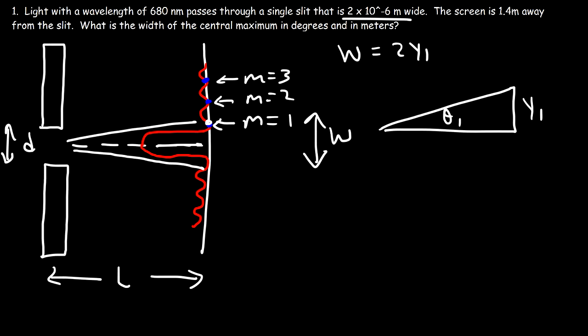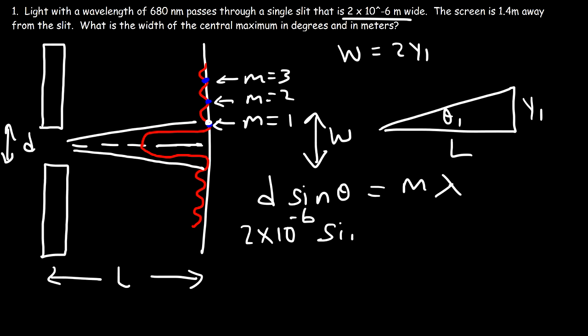So let's focus on finding theta 1, and this is L. So first, let's use this equation: d sine theta is equal to m times lambda. So d is 2 times 10 to the minus 6. m is 1 for the first dark fringe. And lambda is 680 times 10 to the minus 9 meters.